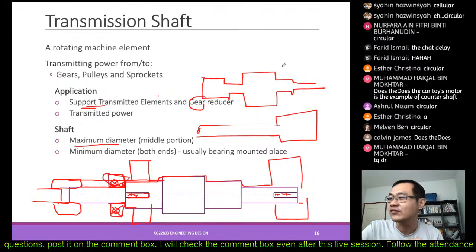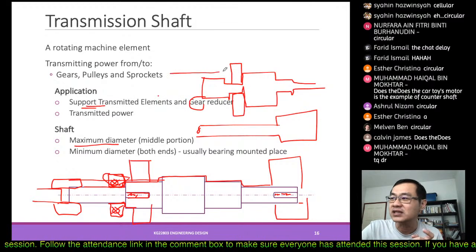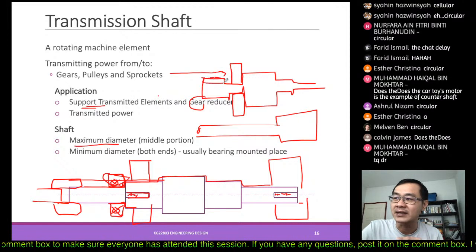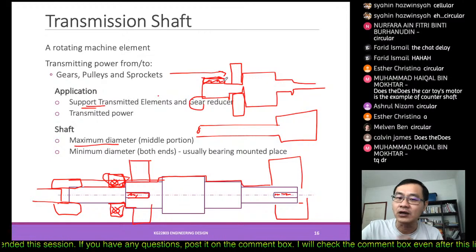If we want to put something over here, how do we slot this thing inside? It will be blocked by this extruded part of the shaft.